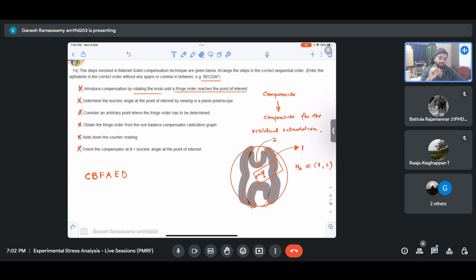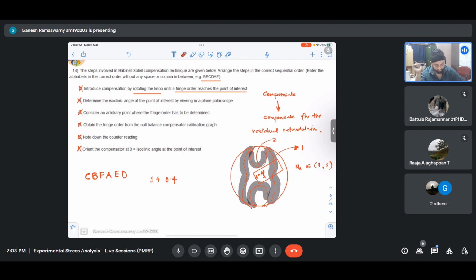Let us say the fractional fringe order is 0.4. I know a priori that the fringe order here is in the range of 1 to 2, and that n equal to 1 has moved to that point. So I add this to n to get my total fringe order of 1.4.